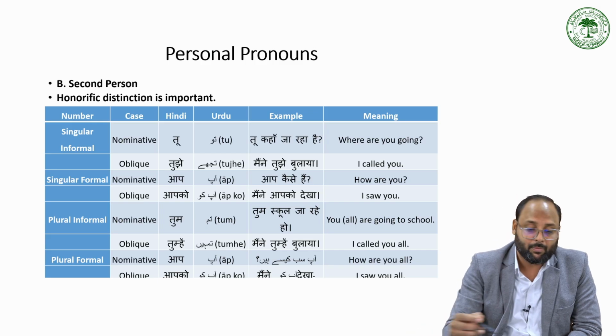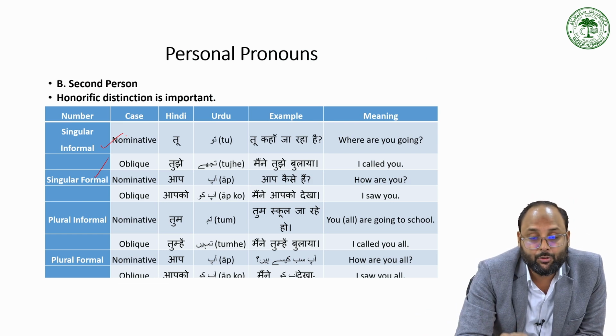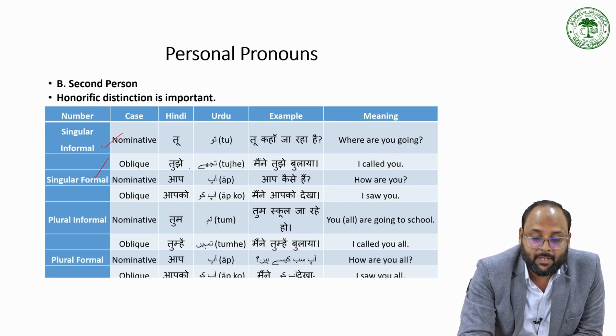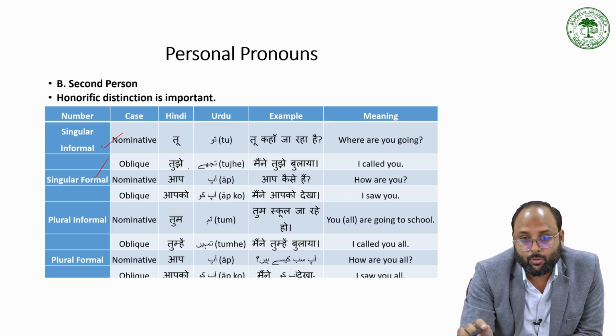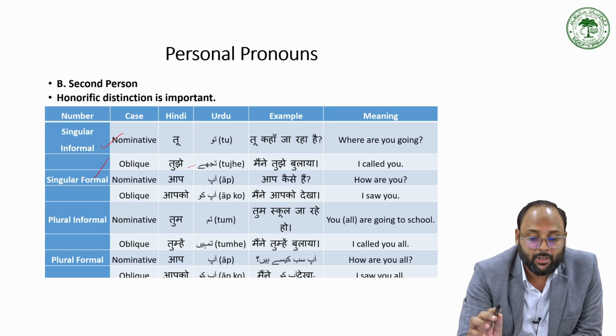So for singular informal we are using tu, like तू कहाँ जा रहा है, that is one person. And when we are using the postposition, it becomes तुझे. Like मैंने तुझे देखा, मैंने तुझको देखा, मैंने तू को देखा becomes तुझको देखा. So तुझ is the oblique form, तुझे is the oblique form for tu.